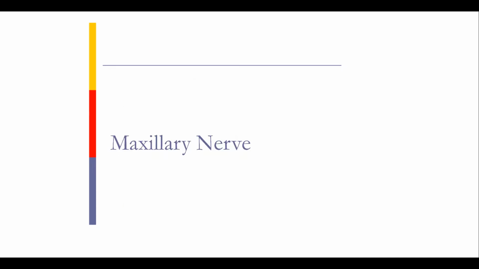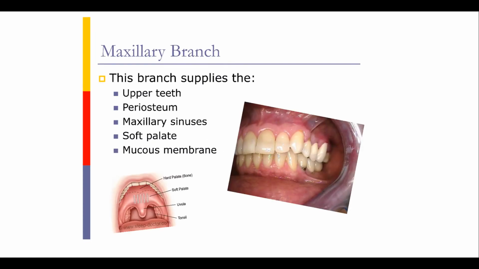All right, the second one is the maxillary nerve. Of course, we're going to spend a little bit more time on this one. The maxillary nerve, or the maxillary branch of the trigeminal nerve, supplies or provides nerves for the upper teeth, obviously. The periosteum, remember periosteum, pull that apart: peri means around, osteo means bone, so the tissues around the bone of the upper teeth.